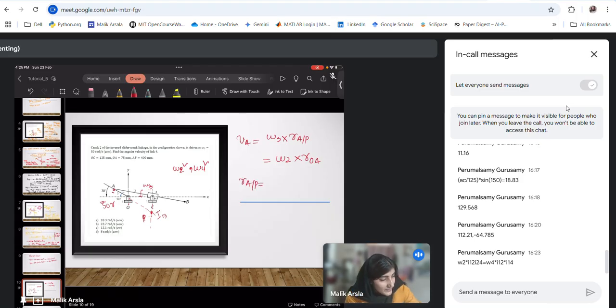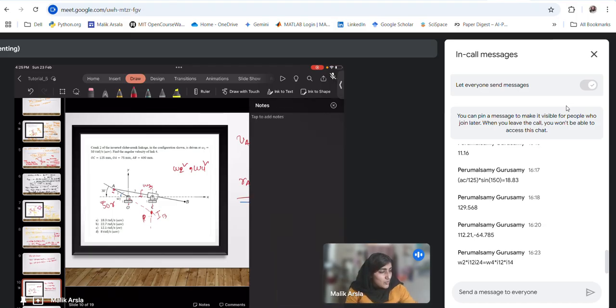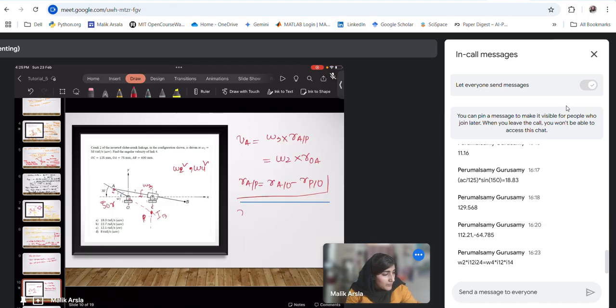Now RAO, how will you find RAO? RAO is not known, but it can be written as OA into cos of this angle. This is 30 degrees. So OA into cos 30 and OA into sin 30 can be found out.